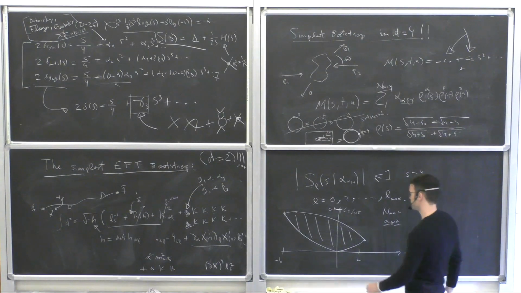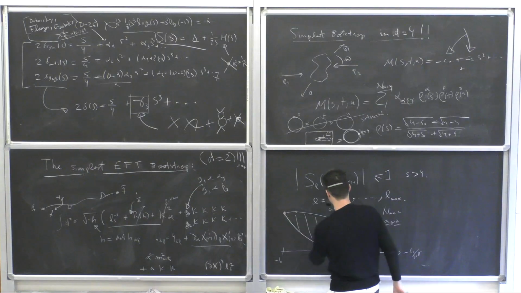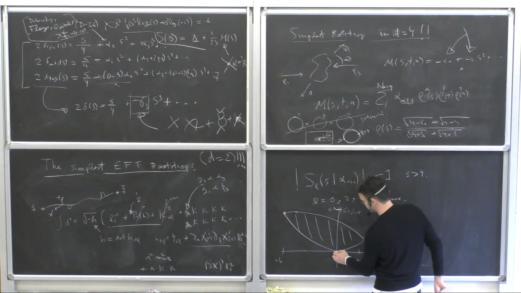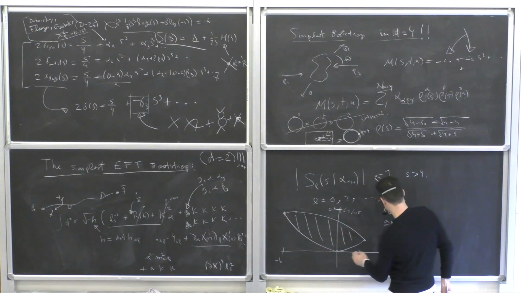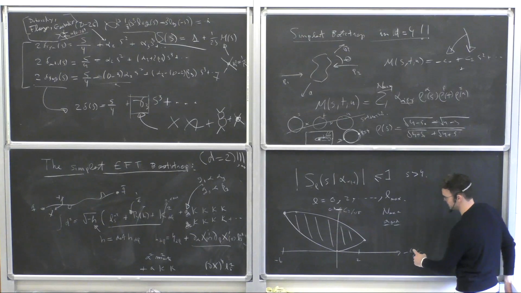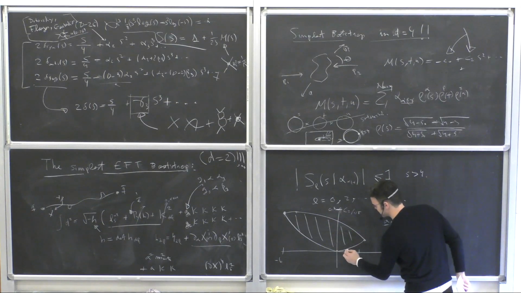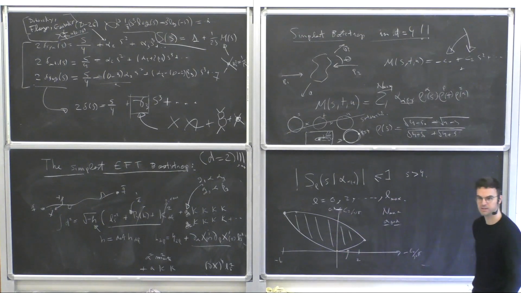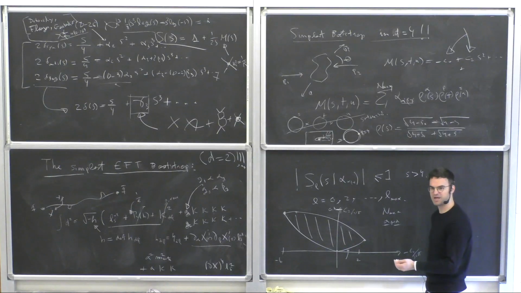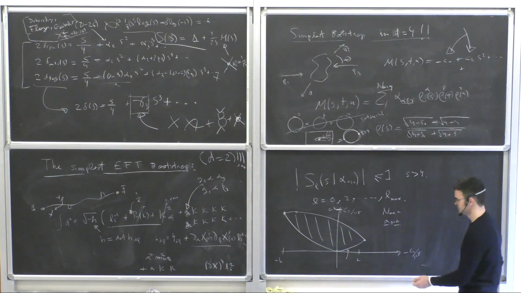Now, of course, we get C2 positive. Here, in this normalization, this is a theory which has a negative quartic, like a theory with a cosine potential.